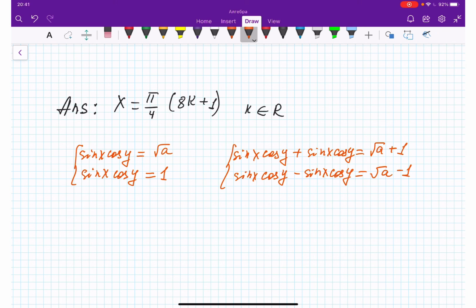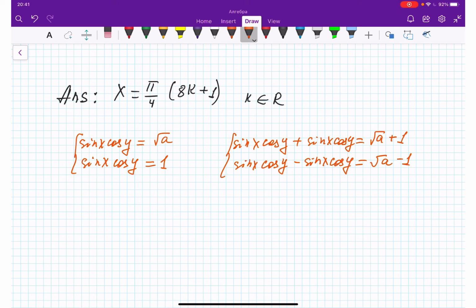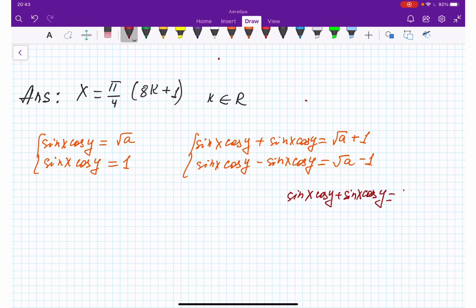Okay? All right. And we see that this represents a formula, because if I rewrite, I will get the following formula: sine x cosine y plus cosine x sine y is equal sine x plus y.